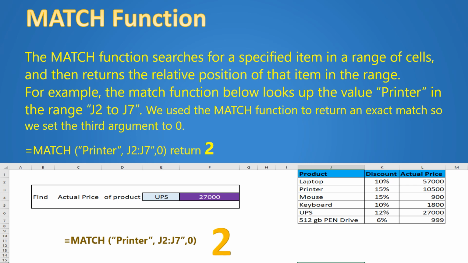We use the MATCH function to return an exact match, so we set the third argument to 0. So the formula would be equals MATCH, bracket open, in quotes printer, comma, J2 to J7, comma, 0 and then close the bracket, where 0 means exact match.